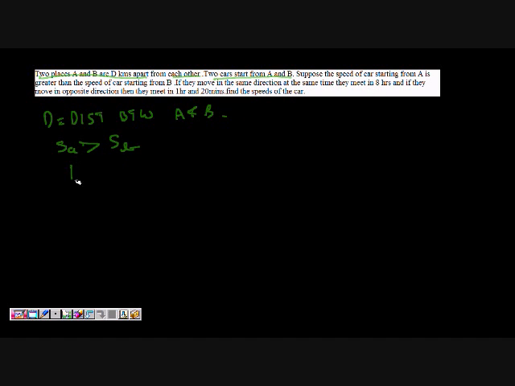So let's say T of S is the time that the cars take to meet each other if they are moving in the same direction, which is 8 hours.